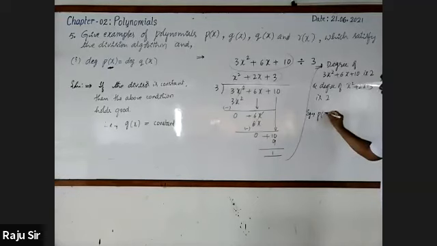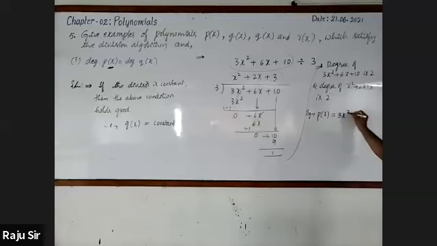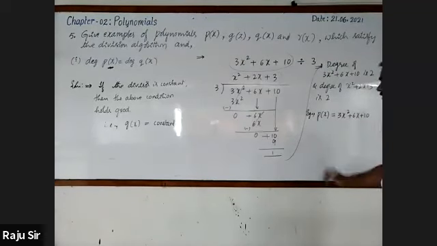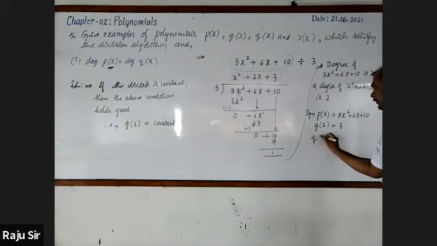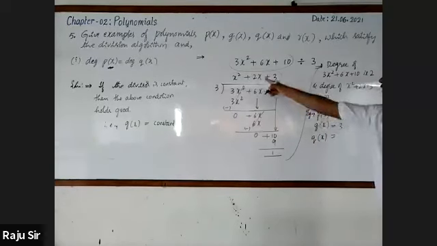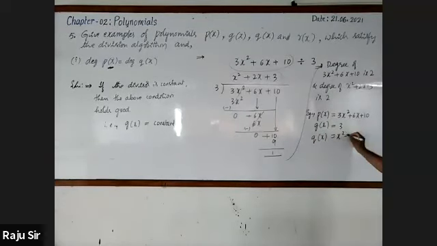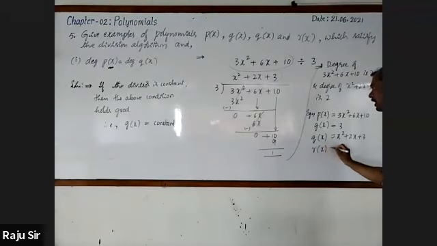Example for P of x. P of x is 3x square plus 6x plus 10. G of x, it is constant 3. Q of x, the quotient, it is x square plus 2x plus 3. And remainder R of x, in this case we have got 1.